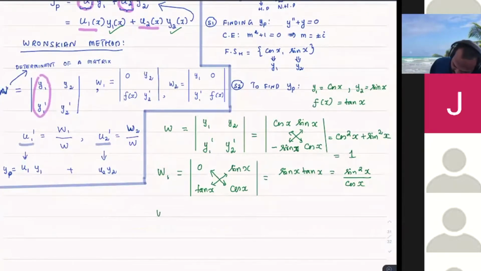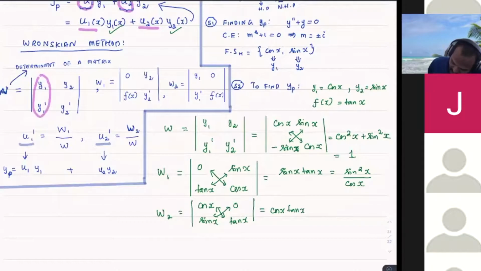All right, let's try to figure out the W2. W2 would be cosine x, sine x, and 0 times tan x. If I multiply these two together and then multiply these two together and subtract the latter from the former, I'm going to have cosine x times tan x minus 0.